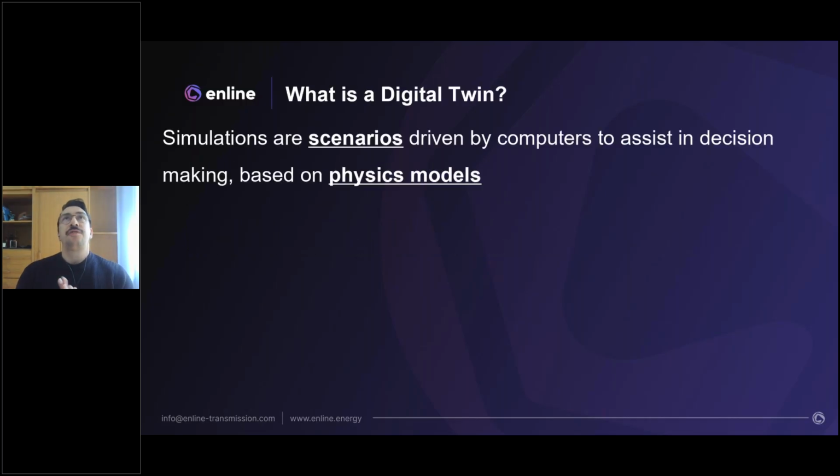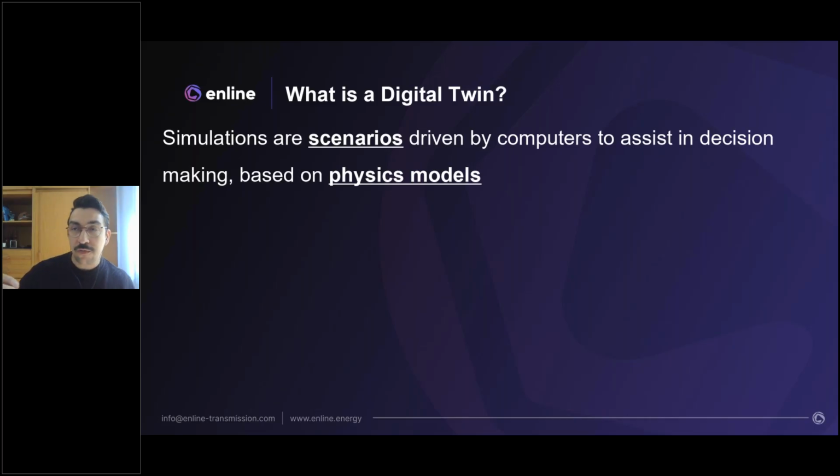So let's start some reasoning here. And I would like to start by addressing the philosophy on why engineers simulate things. For the past 100 years, we have been working with computer systems, from calculators to supercomputers.